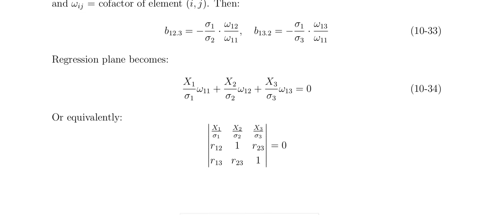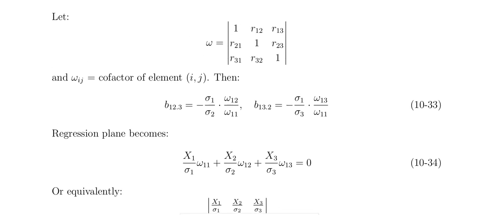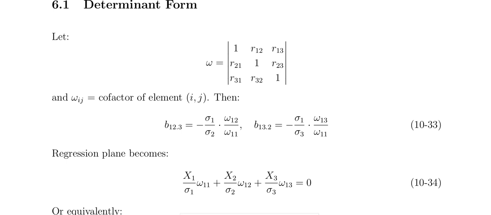The regression plane becomes b123 equal to minus sigma 1 by sigma 2, and when you give the name w12 divided by w11 and w13 divided by w11, then when you define w like this, from this formula, that is called w12, that is 1213 like this.